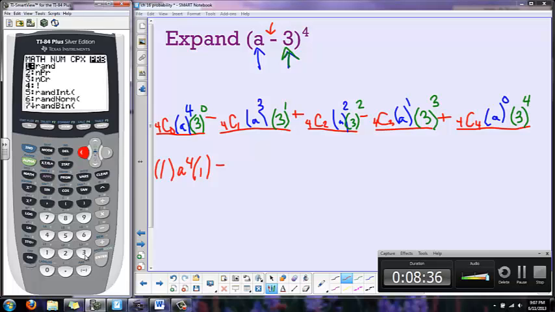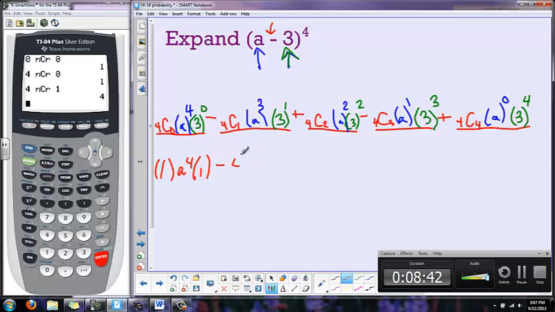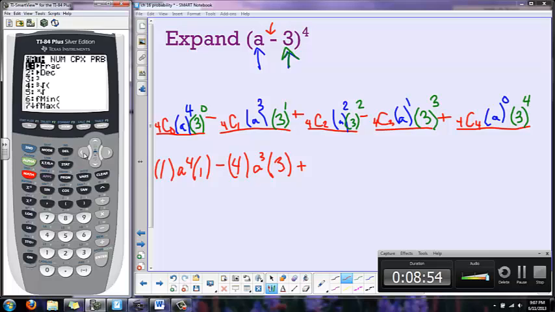You could use Pascal's triangle at this point to figure it out, but I'm going to use my calculator. 4, choose 1 is a 4, a to the 3rd, 3 to the 1st power is just a 3, and we're going to have to simplify that. We're going to have to multiply those numbers together. 4, choose 2. I think that's a 6.